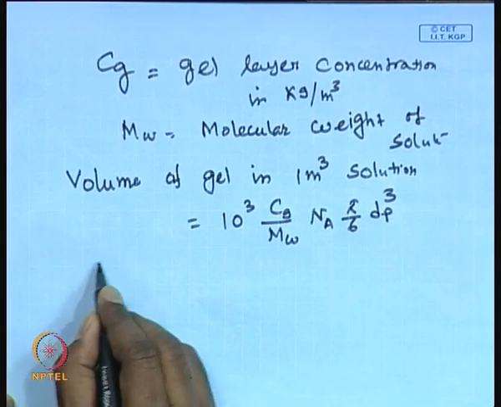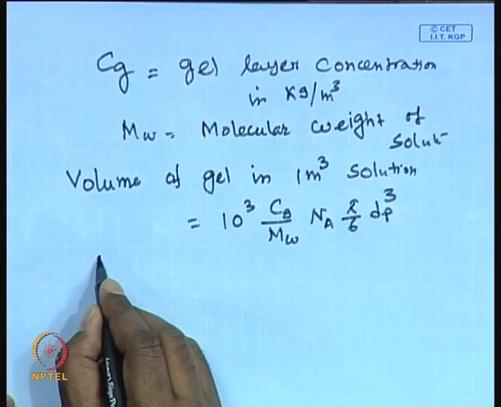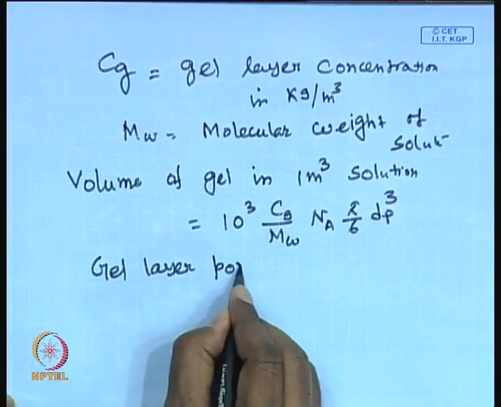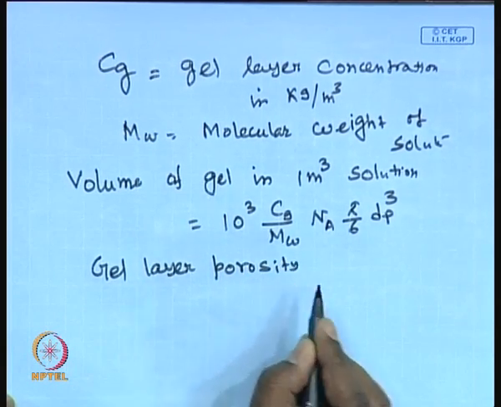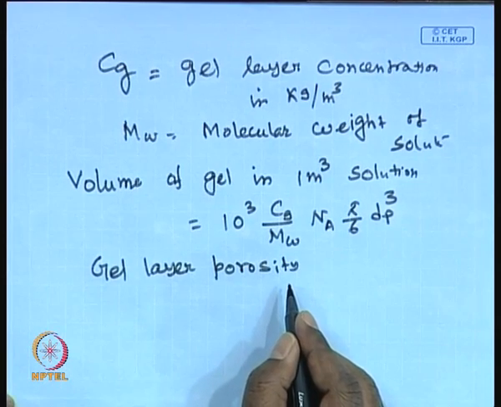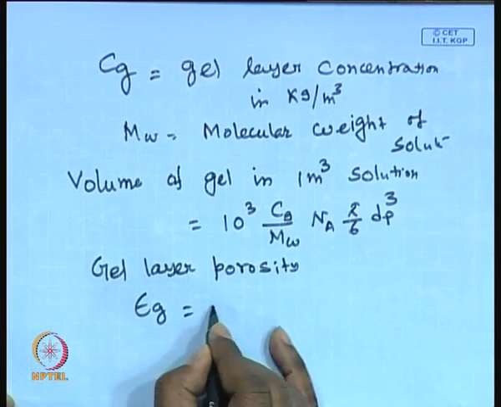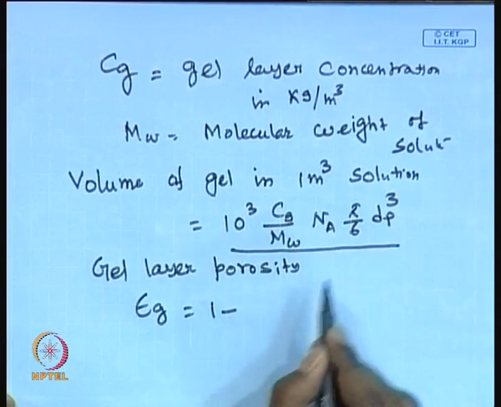Now, what is the porosity, definition of porosity? Porosity is nothing but the fraction of volume that is occupied by water. That means epsilon g is nothing but 1 minus this. This is the solid volume occupied.